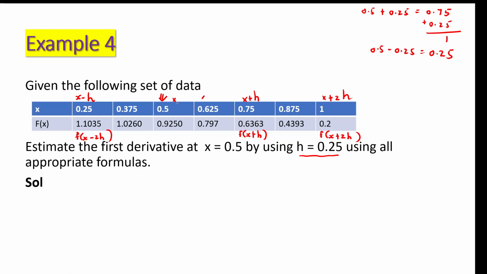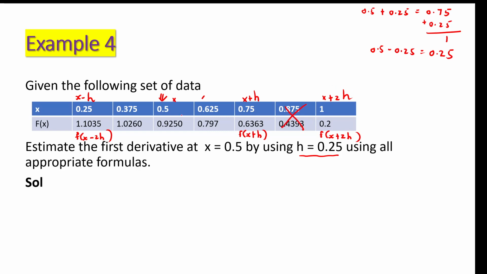You are standing at x equal to 0.5. Using h as 0.25, 0.5 plus 0.25 is 0.75, so this is f(x plus h). From 0.75 add 0.25 and you get 1, so this point is x plus 2h.